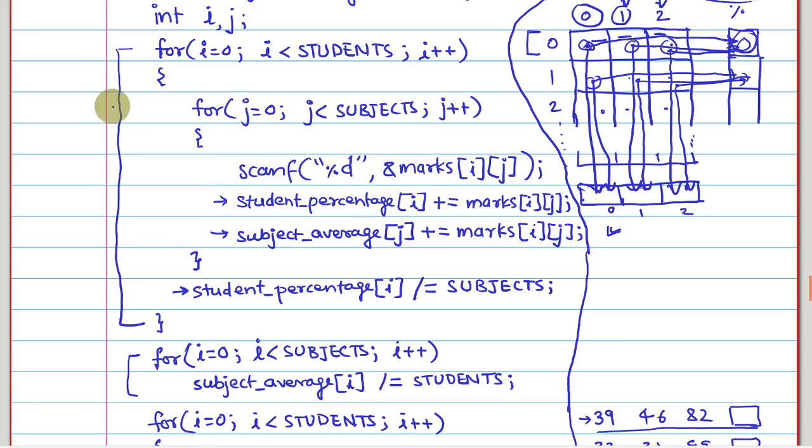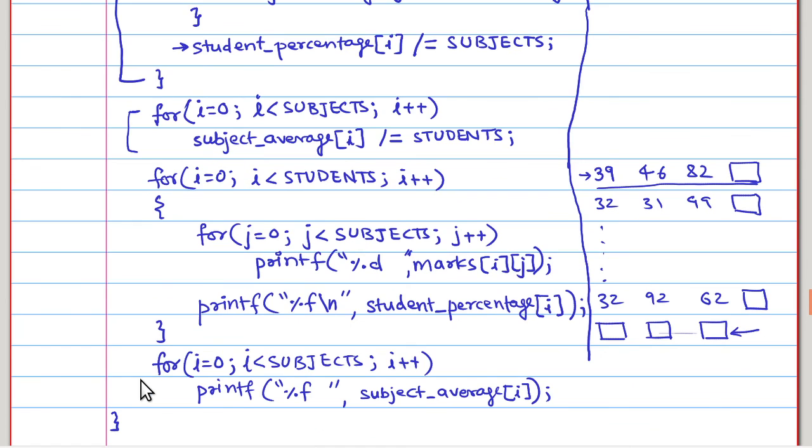By the end of all the iterations of this outer loop, we have total for each subject, but we do not have average. So for getting average out of total, we need to divide that total by number of students, so that we get the average. That we are doing for each subject using this loop.